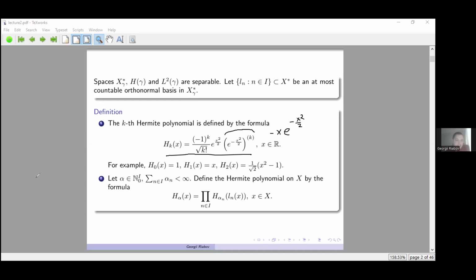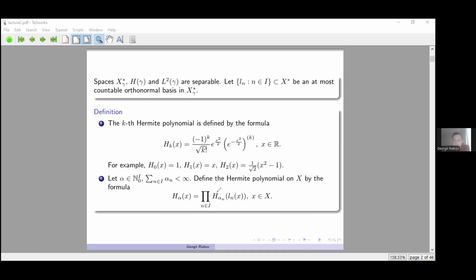Okay, and having defined Hermite polynomials, we can also define what is a Hermite polynomial on the Banach space X. So we pick some indices for each n. Here Ln is an orthonormal basis.